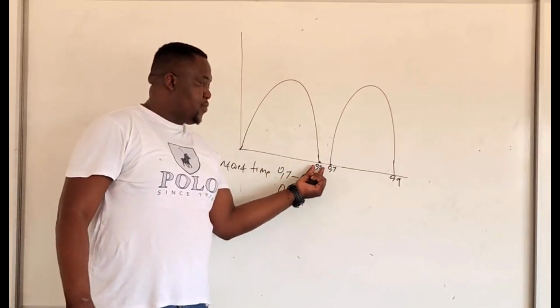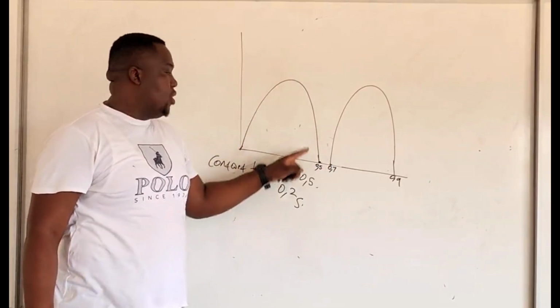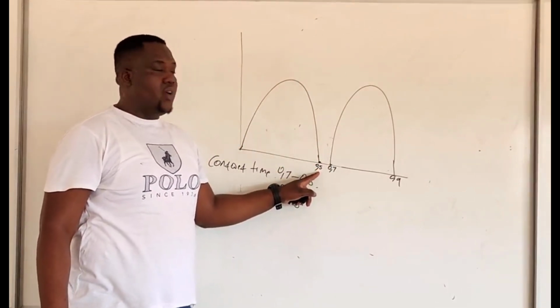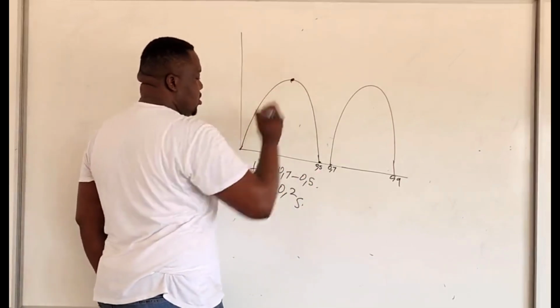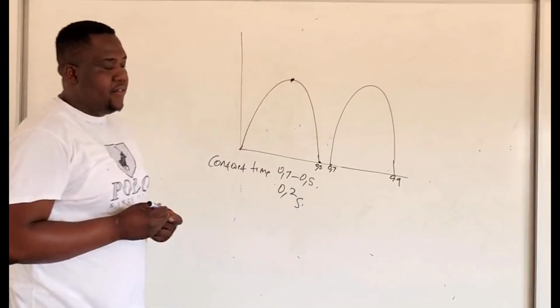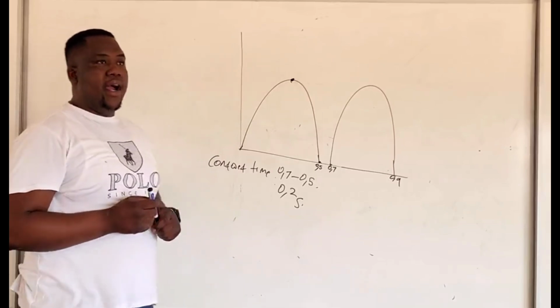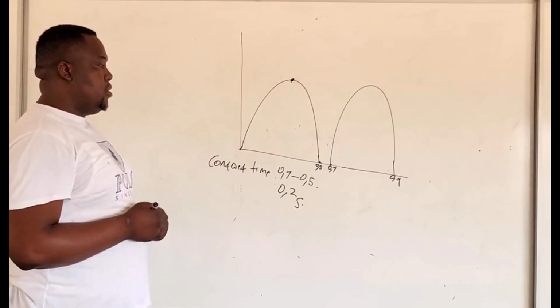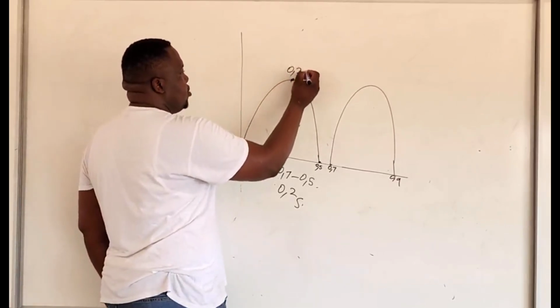So the ball moved up and it took 0,5 seconds to return to its original ground. So it means we're going to say 0,5, that 0,5 we divide by 2, meaning that we're going to have 0,25.